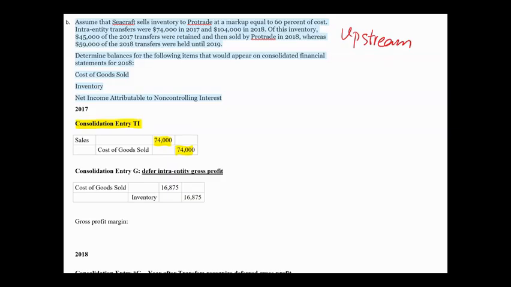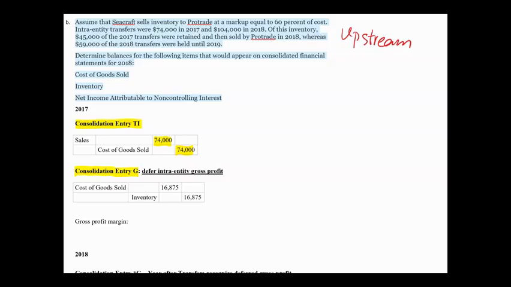The second entry we prepare is consolidated entry G, and we use entry G to defer the intra-entity gross profit. This deferred amount is determined by how much inventory is unsold and will be sold in the following period.